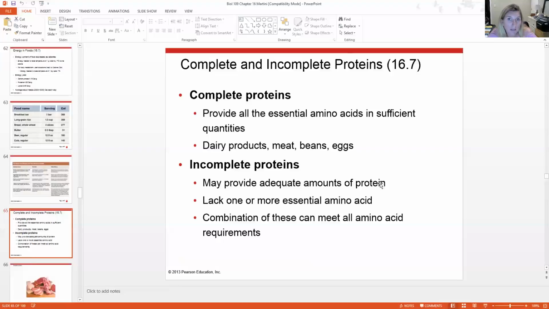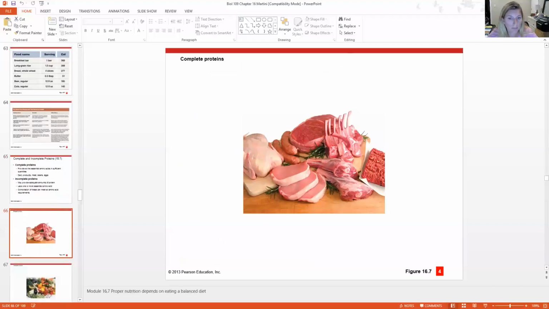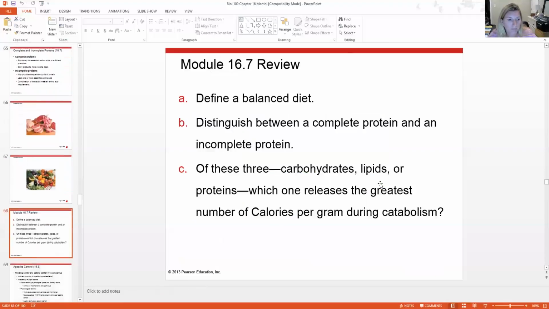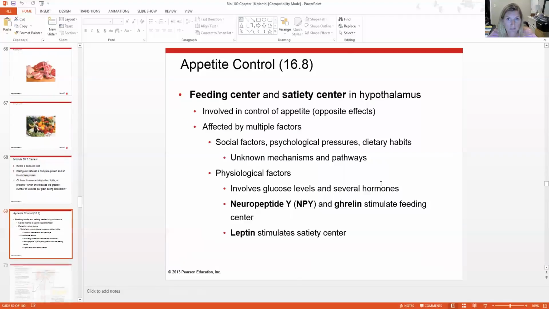So these are typically vegetable products, but you can combine different vegetables to still create complete proteins, which is why being a vegetarian can still be a healthy option. Incomplete proteins come from plant sources, but again, combining and eating enough plant proteins will create complete proteins for your diet. You can pause the video here, go back and review this section.